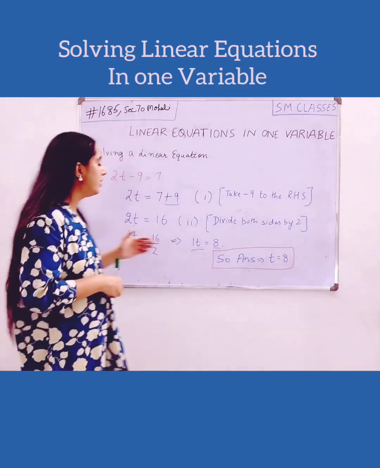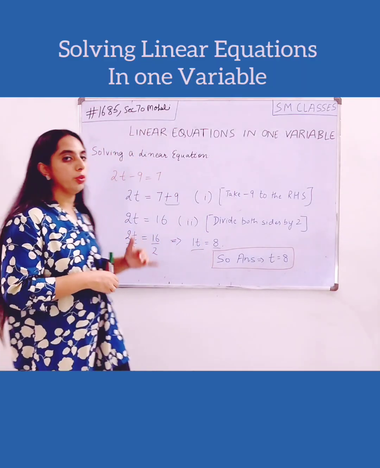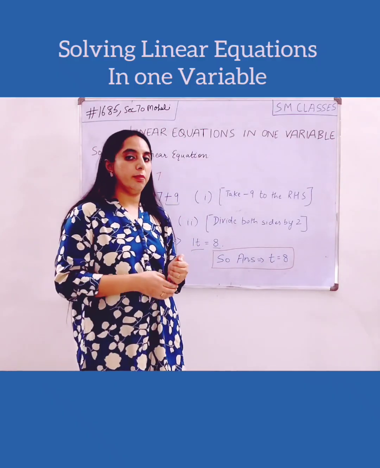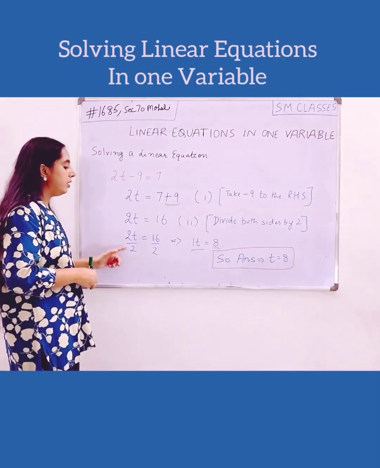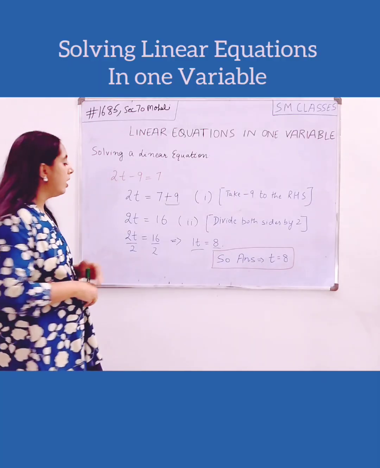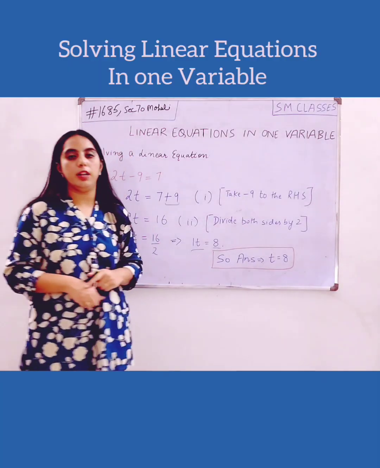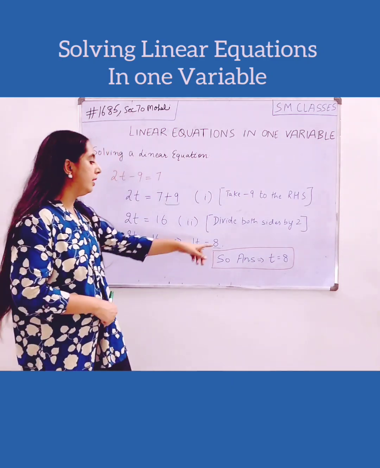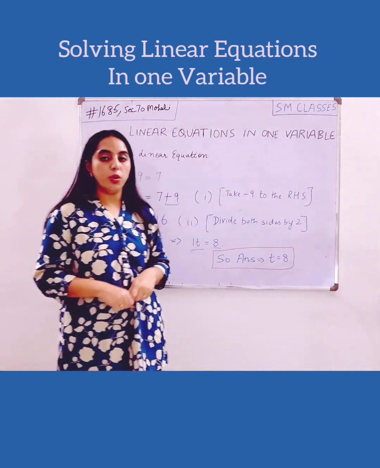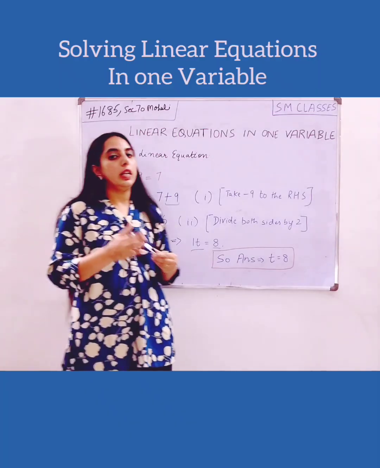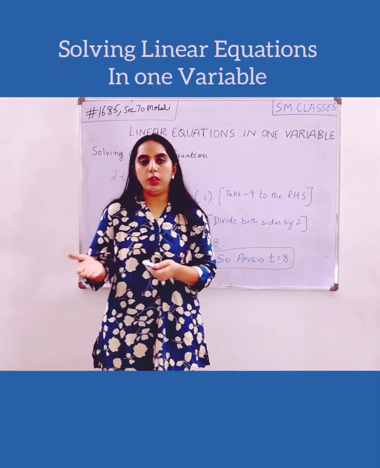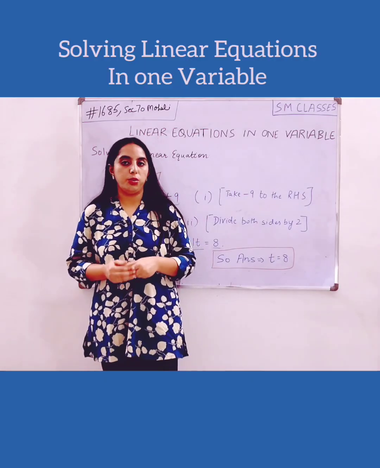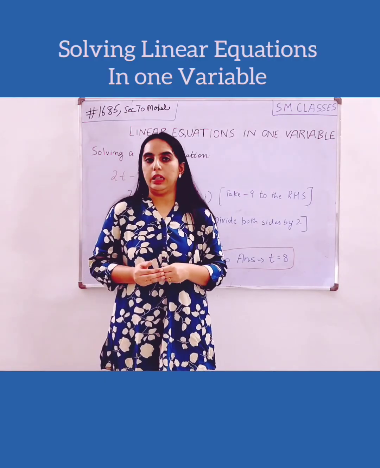If on the left hand side we are dividing by 2, then on the right hand side also the term will be divided by 2. So, 2t is divided by 2 on the left hand side, and on the right hand side 16 is divided by 2. So, we get 1t on the left hand side and 8 on the right hand side. So, our solution is t is equal to 8. 1t is equal to 8 is t is equal to 8. Now, we will see how to solve other types of linear equations.